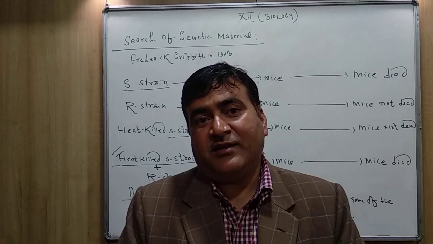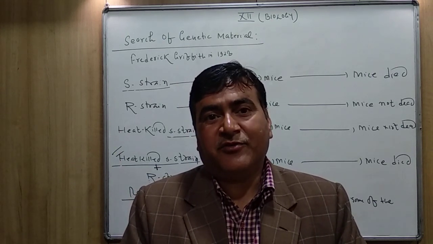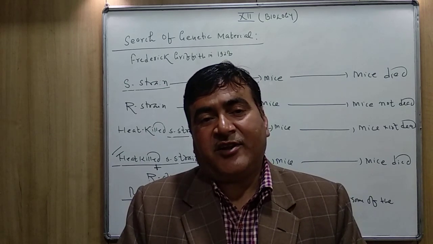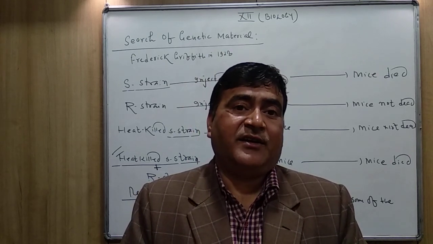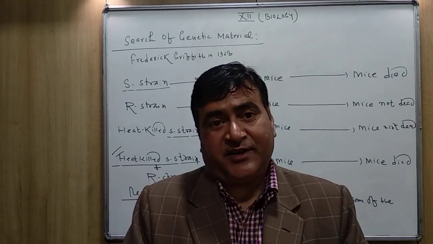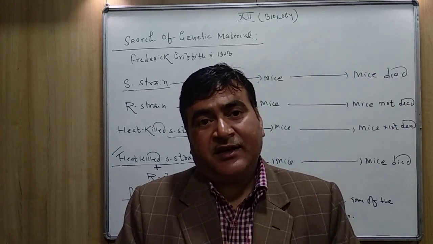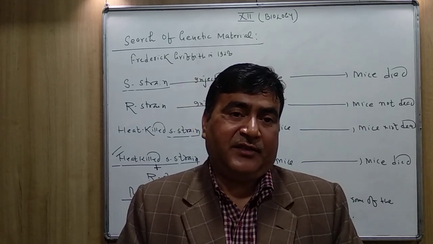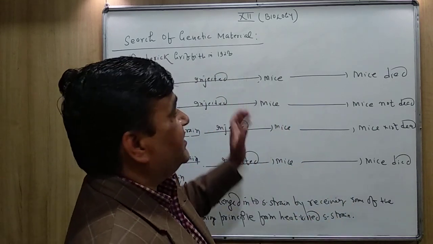Before that, scientists considered that maybe protein was the genetic material, and they had not arrived before his experiment at the idea that DNA could be the genetic material. So the work started from the Griffith experiment.